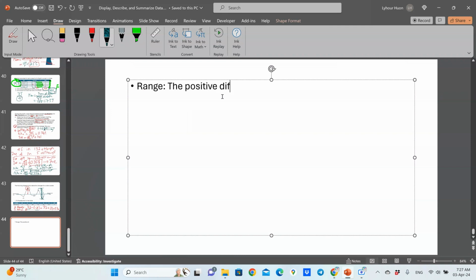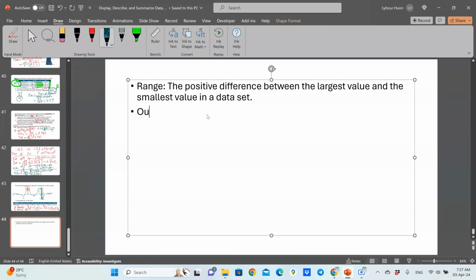that shows the difference between the largest value and the smallest value in the data set.